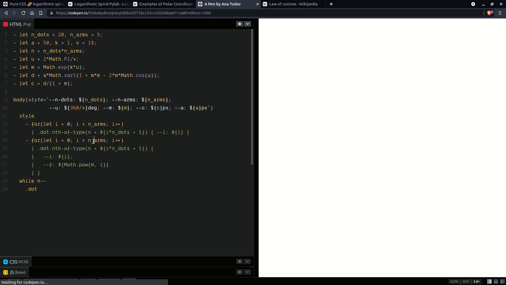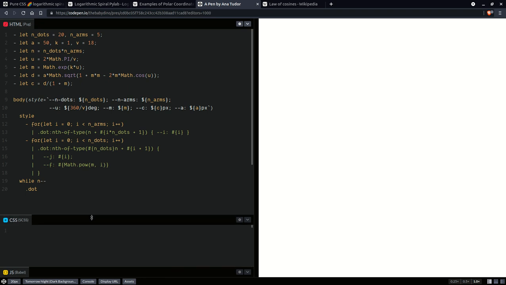This is going to go to the number of dots, and this is going to be every n dots, so for every arm, and this is going to be the index along the arm, j. Okay, so that's basically what we need.